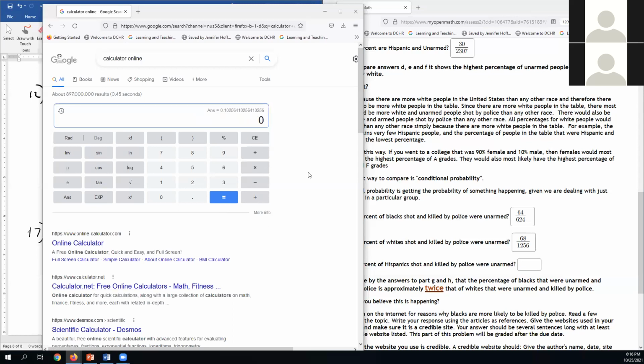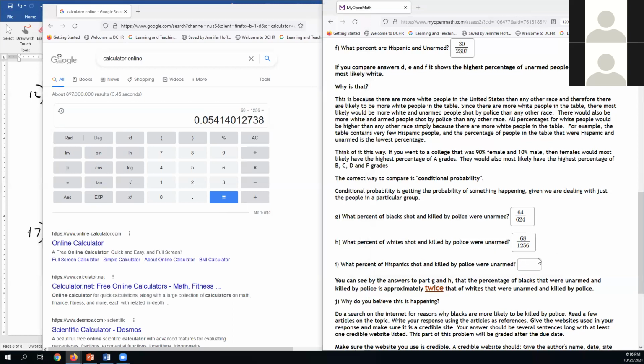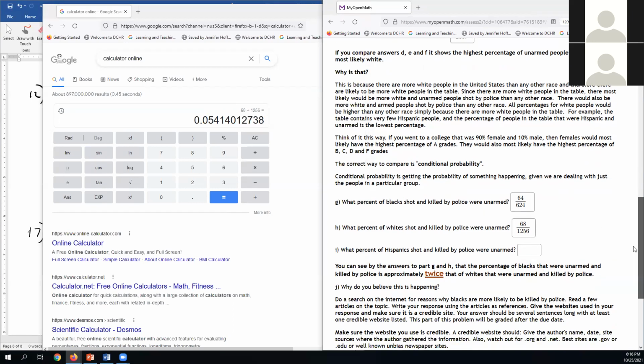If we do this for the white folks with this fraction here, that would be 68 divided by 1256, and that gives you 0.054, which is about 5%. And you can do the same thing with the Hispanics right here. But my point is, you can see from the answers to parts G and H that the percent of blacks that were unarmed and killed by the police is approximately twice that of the whites killed by police.